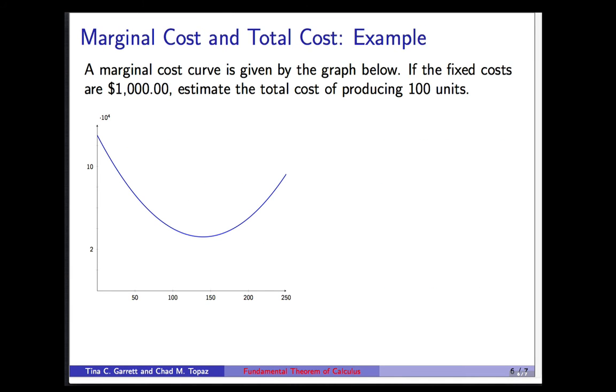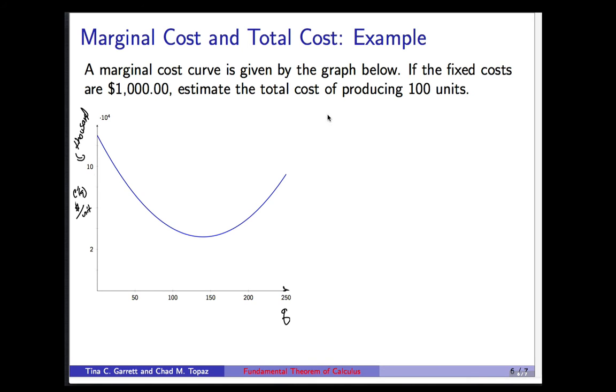So a marginal cost curve is given below. We'll think about this as being Q, the number of items produced, and this is C prime of Q, so this is dollars per item or dollars per unit over here. These units are in thousands to keep things simple, so the 10 here means 10,000.